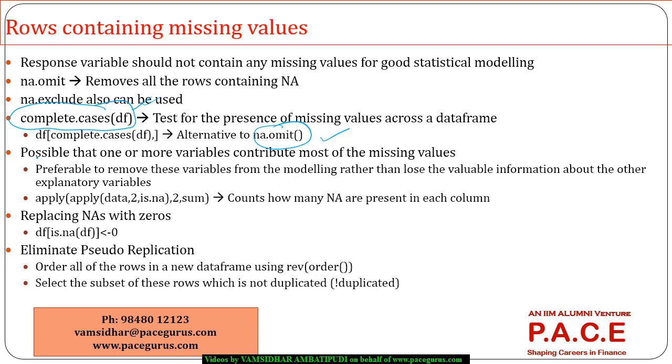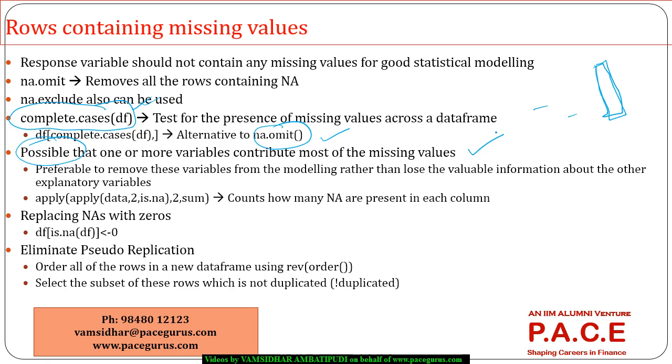Now, it is very much possible that when I'm looking at the missing values, instead of one row or two rows, one or two variables altogether could have the majority of the missing values. So instead of removing the whole row, I can think of removing this column as such.